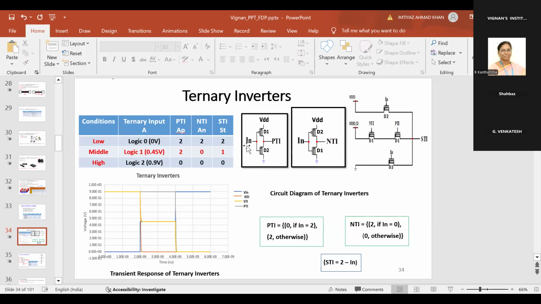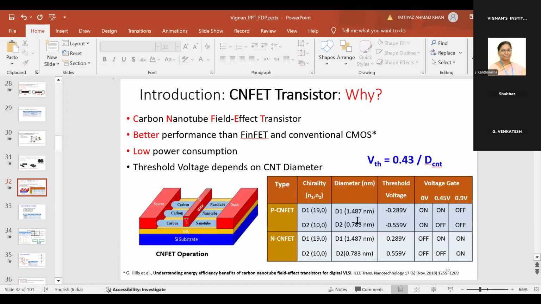You know very well that in a binary inverter, when input is 0 then output is high. Yes, and for the same logic, input is 0, output is high because PMOS is on at 0. But the main advantage in the ternary inverter is that when your diameter value is high, then your threshold voltage will be low.